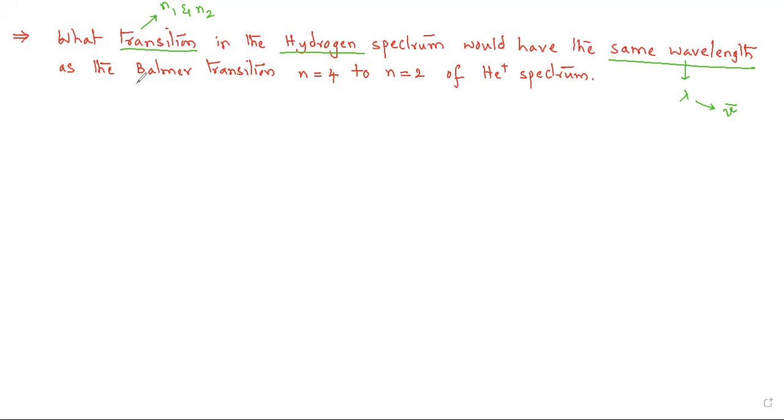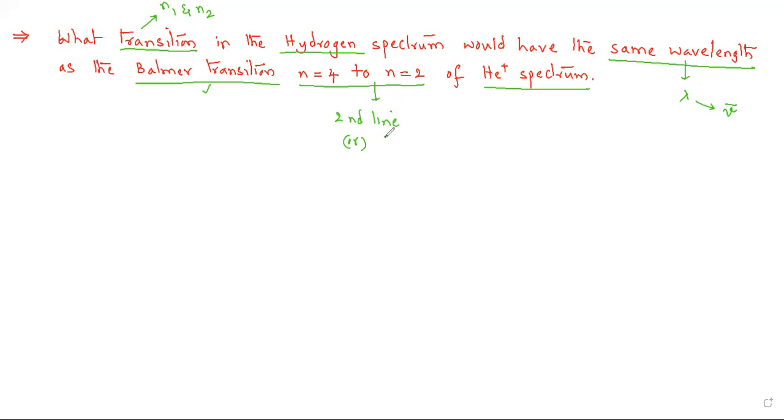Okay, as the transition in helium plus spectrum, that is Balmer transition from 4th to 2nd. See, because the difference is 2 here, let me call this the second line in Balmer series.